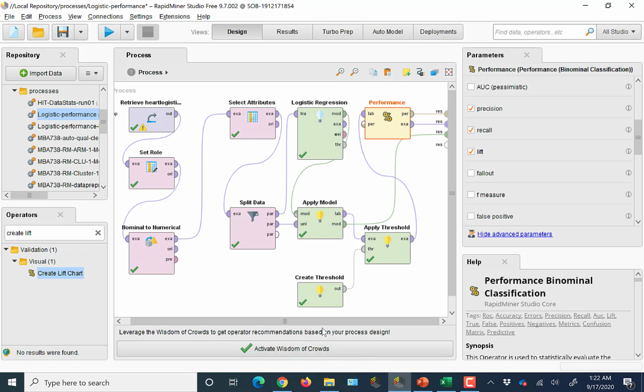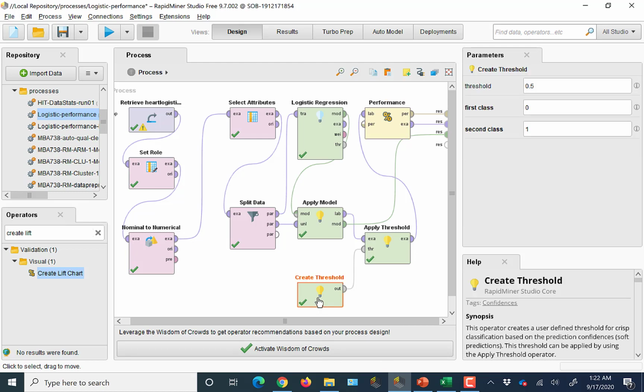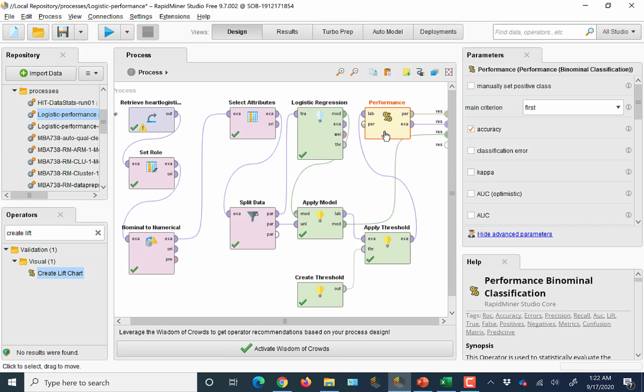Just to remind ourselves, the threshold that's been set in this run of the process is 0.5. That's the default threshold level used by RapidMiner. You can change that, of course. Also, before we look at the performance metrics, let me click on the performance operator. Among the whole host of different performance metrics that we have in RapidMiner, I have identified just a few, the ones that I mentioned earlier.